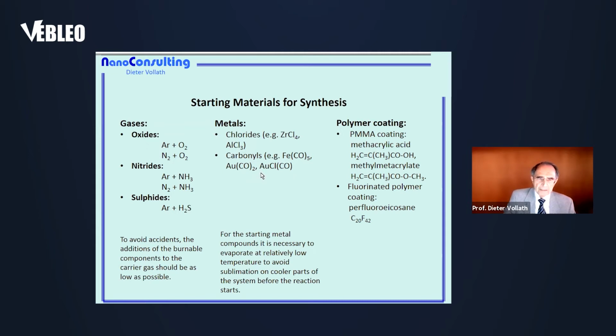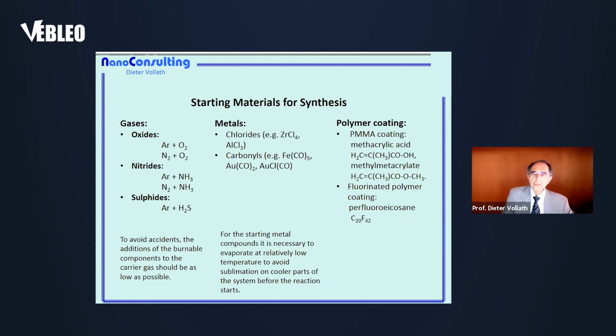But for the selection of these starting materials, it is necessary to find compounds that evaporate at relatively low temperature to avoid sublimation. Additionally, we have to avoid sublimation at the cooler parts of the system before the reaction starts.